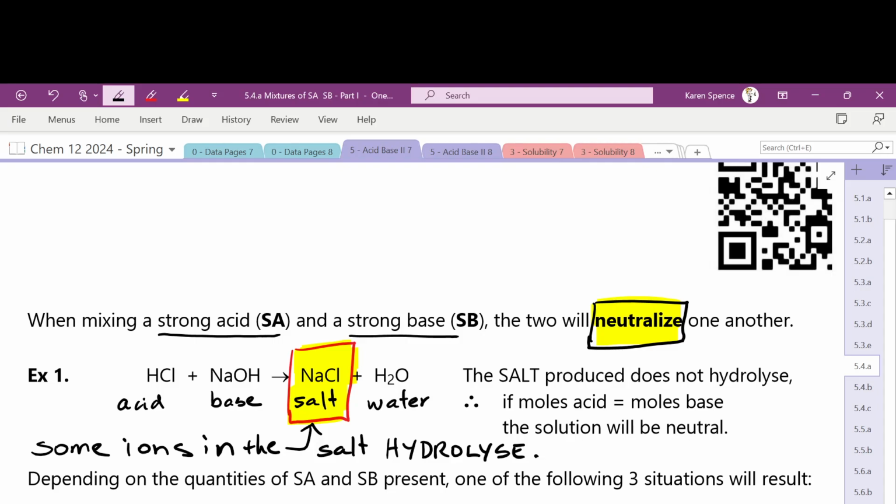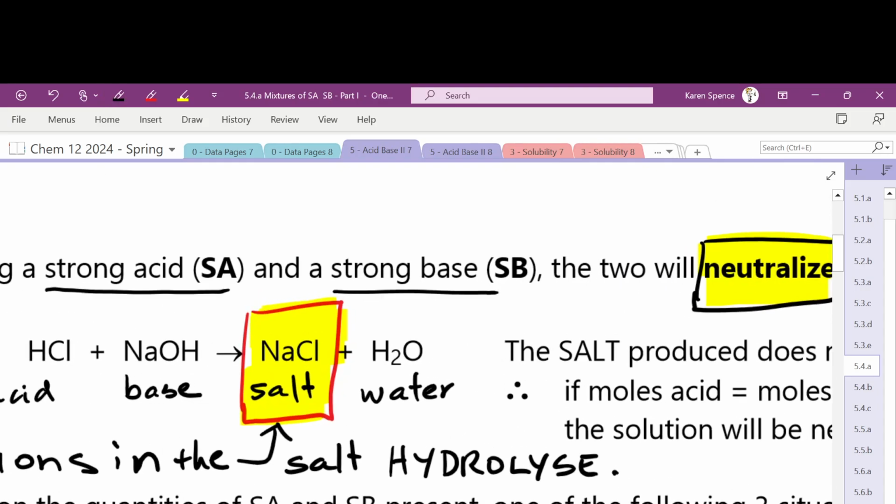Because you can have that neutralization and produce a salt which will go on to hydrolyze. If you remember the definition of hydrolysis, it is the reaction of an ion with water to produce an acidic or basic solution. So the salt, after it's turned to pH 7, can go on to make the solution either higher than pH 7 or lower than pH 7.